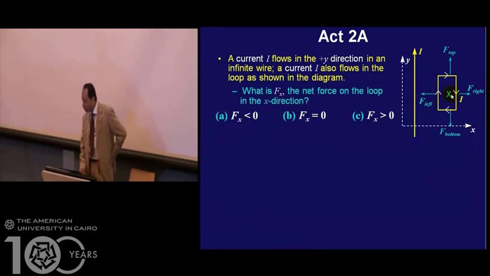While on that segment of the loop, the force will equal mu0 I divided by 2 pi times that distance. Obviously, the two distances are different. The segment that has a shorter distance from the main wire will have more force, which means that the force to the left is more than the force to the right. That's why the net force along the x-axis is going to be negative.